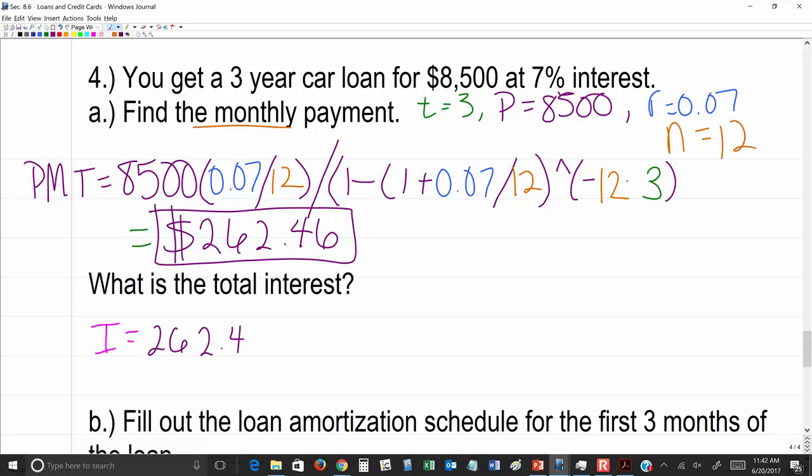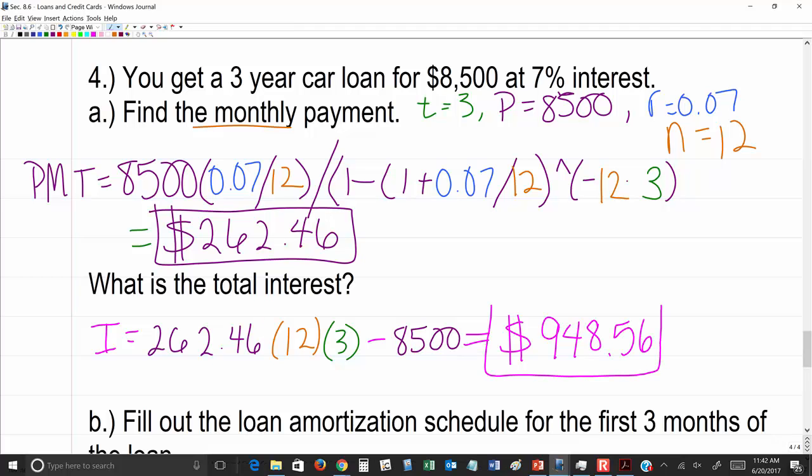So 262.46 times 12 times 3 minus 8,500. So that would be $948.56.